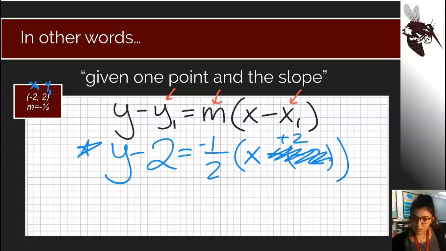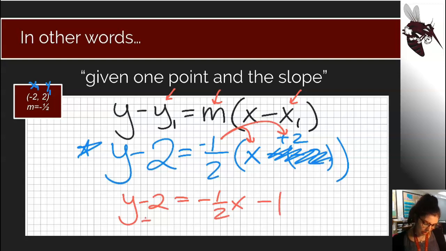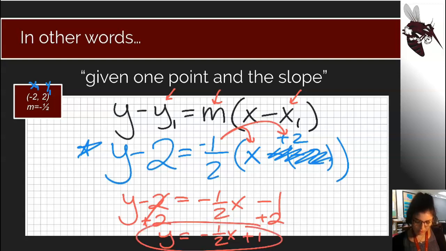Or we might ask them to write it in slope-intercept form, which means I'm going to need to distribute this -1/2, which would give me -1/2 x. -1/2 times a positive 2 is a -1. And the very last step is for me to just add a 2 to both sides so that the y is by itself. I'd have y equal to -1/2 x plus 1, combining my like terms together here since they're constants.